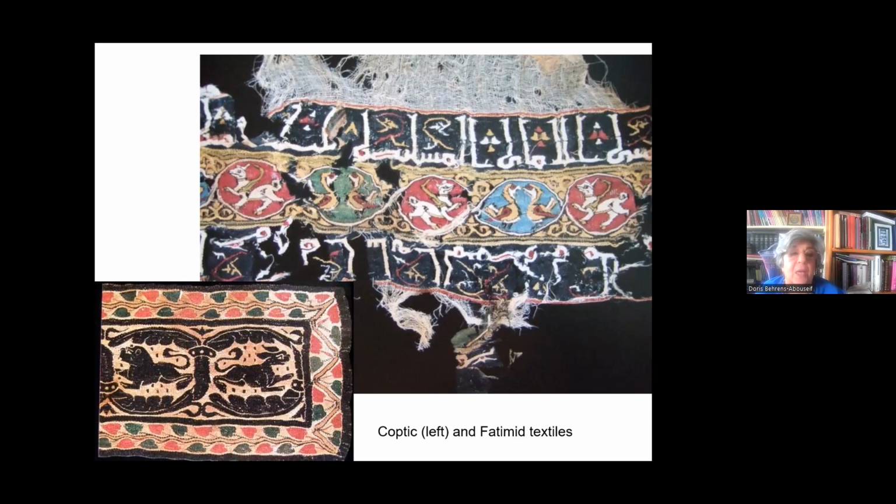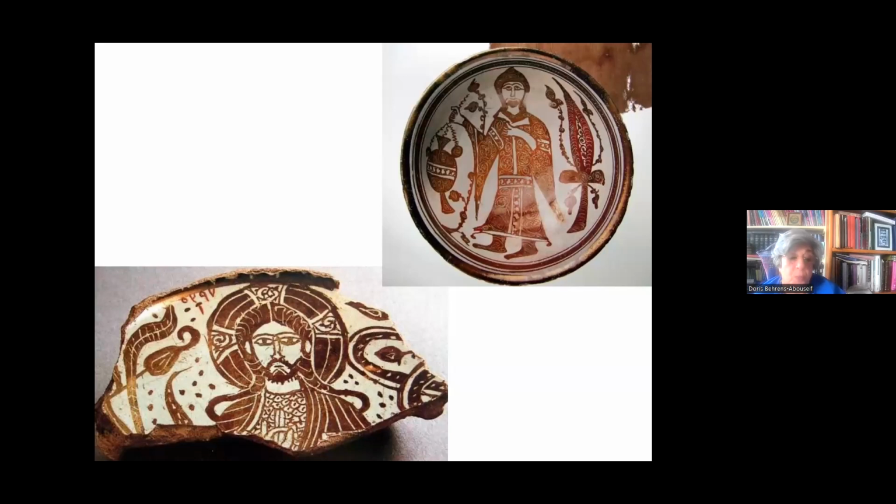Most of all textile, and scholars of textile have written a great deal about that. You see here a Coptic textile and a Fatimid textile of the 11th century, and there's no doubt it is a direct continuity, except that we have the Arabic inscriptions.